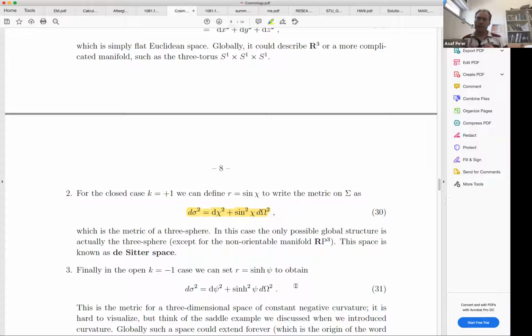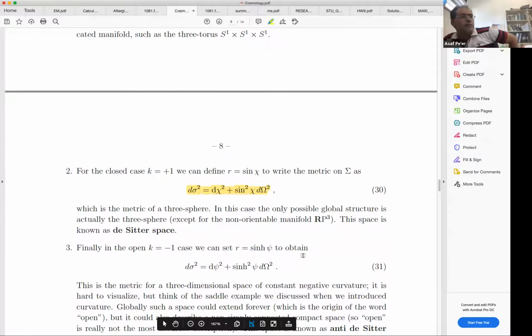So in some sense, that's why you can think that a sphere is closed and the saddle is open. So this is a three-dimensional space with a constant negative curvature. Again, it's more difficult to visualize, but this is the general structure of a saddle. And mathematically, the term is anti-de Sitter space.